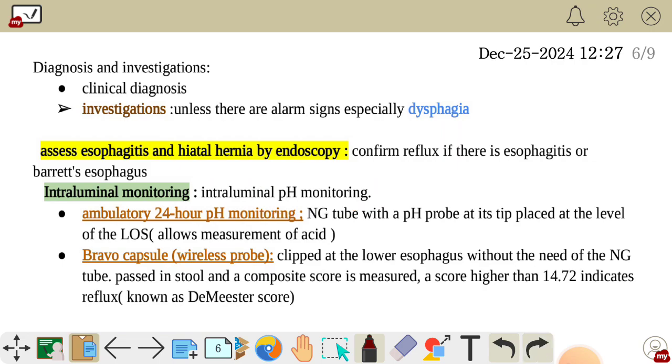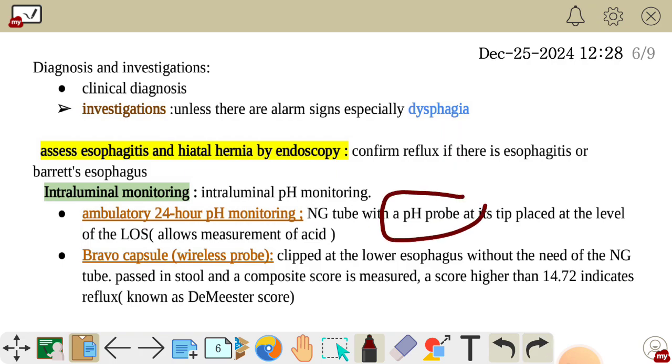If the pH is lower than 4 in the esophagus, then we can say there is a reflux. This is done in two ways. We have what we call the ambulatory 24-hour pH monitoring. This is done by inserting an NG nasogastric tube with a pH probe.